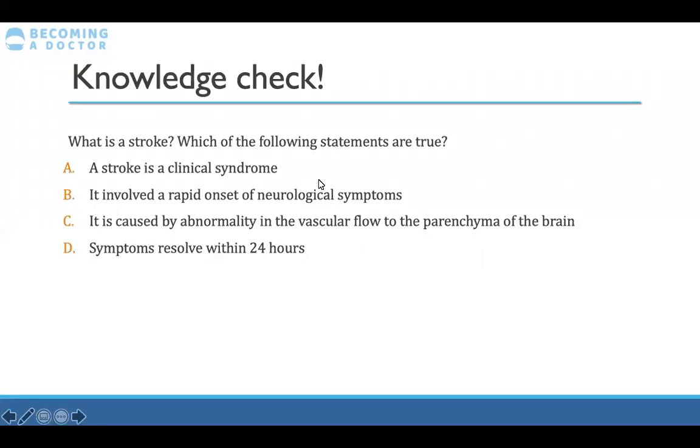Let's go on. I think we have a poll for this, actually. So you can start choosing which ones are right.